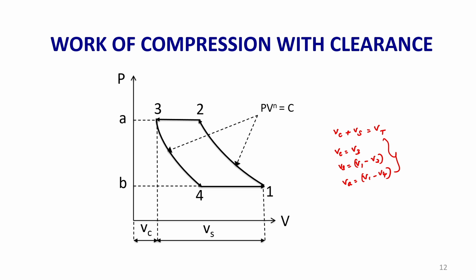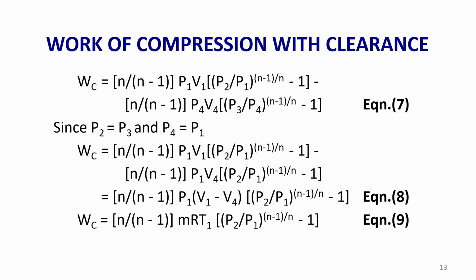This is like an expansion process. This is compression, this is suction, this is compression, this is discharge, this is like an expansion process which follows the law PV power n equal to constant, polytropic process. This is polytropic compression, this is polytropic expansion. So, the first equation is for this compression minus this one. So, that will give the net work done.